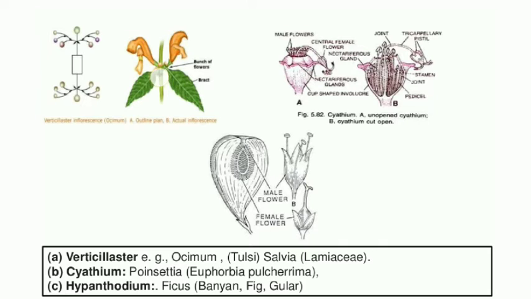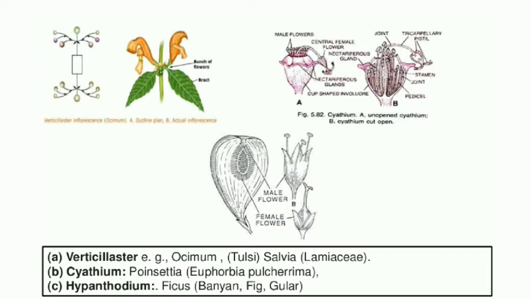You can see the leaves, means there is a node, at this nodal region many flowers originate, many cluster. Verticellaster means verticell, a group of flowers originating at the same point. That too, they are the sessile flowers. Such inflorescence is called verticellaster, which is observed in the members of the family Lamiaceae.